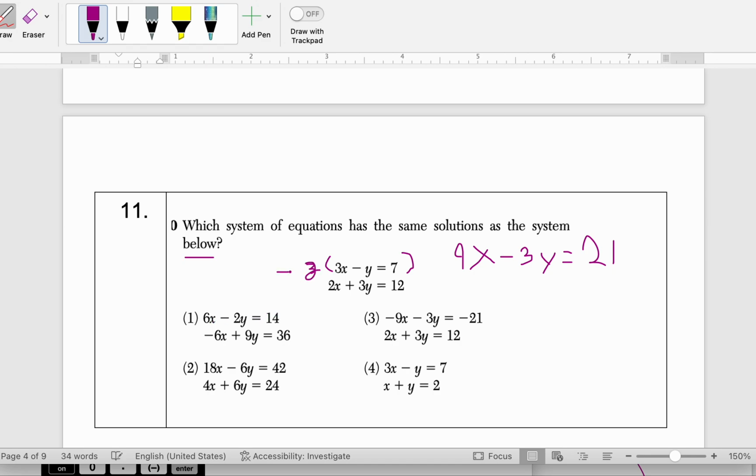How do I know that? Well, I see that -2x times 3 is -6x. Or actually, let's do it +2. Okay, so we have 6x, then we have -2y, and it's equal to 14.